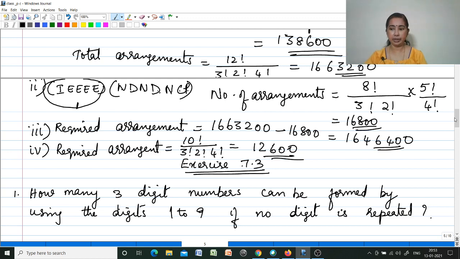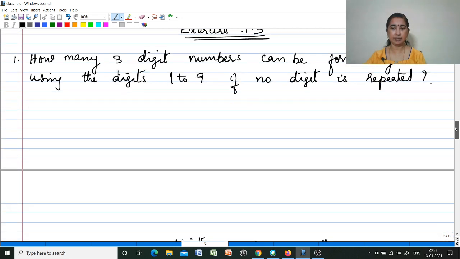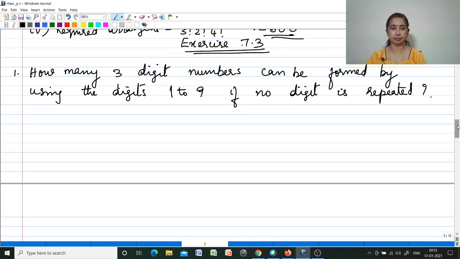Now moving on to the exercise questions, exercise 7.3. How many 3-digit numbers can be formed by using the digits 1 to 9 if no digit is repeated? So we have to make 3-digit numbers, and 9 digits are available. 9 objects are available, 3-digit numbers are to be made, and repetition is not allowed.